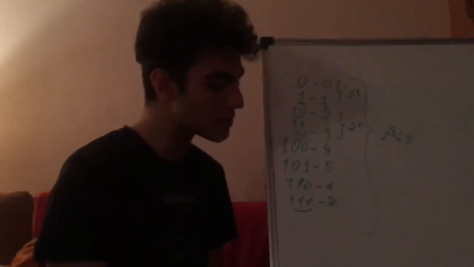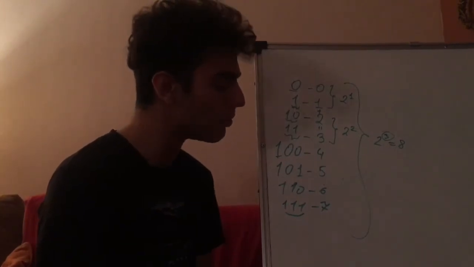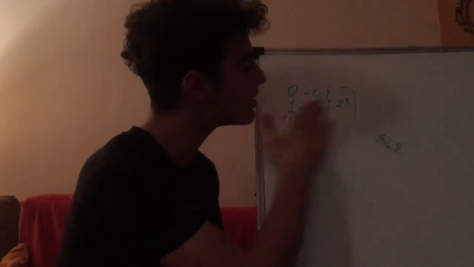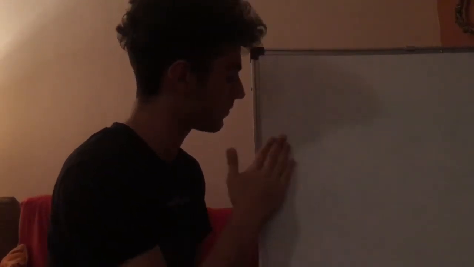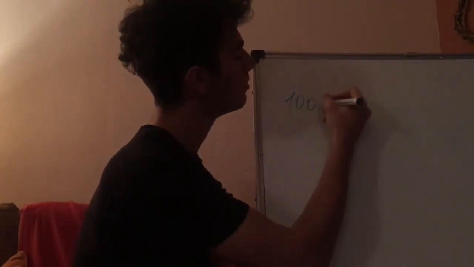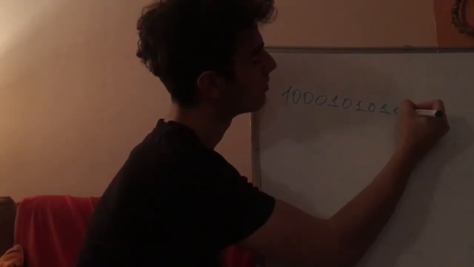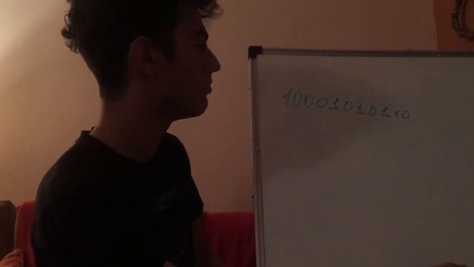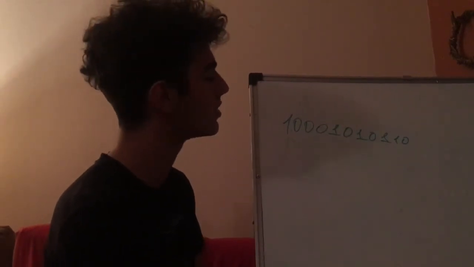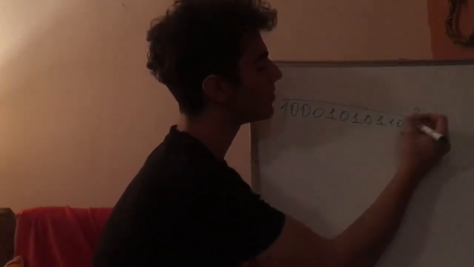Okay, so now since we know that every number is representable by the binary form, we can try to do some exercises. So let's get rid of this. And just randomly write a number. Okay, this doesn't seem hard. Let's try to do this. So to help us do the math, we're going to write the powers of 2 here.